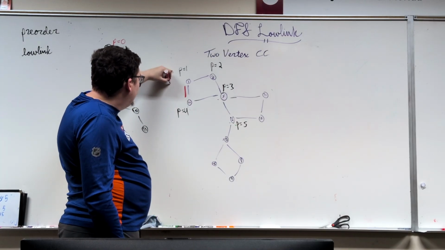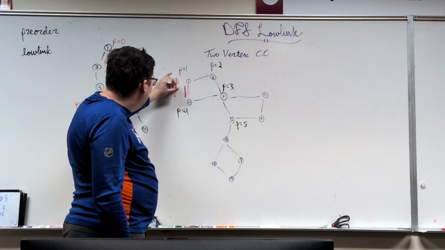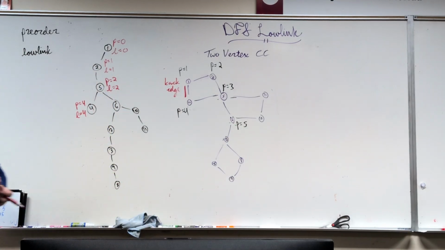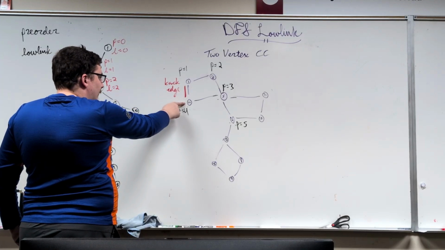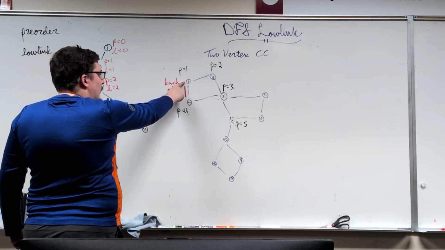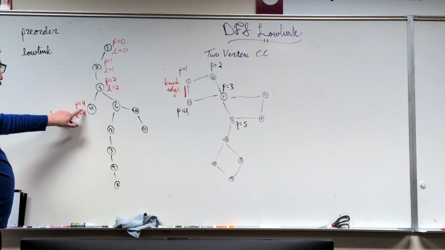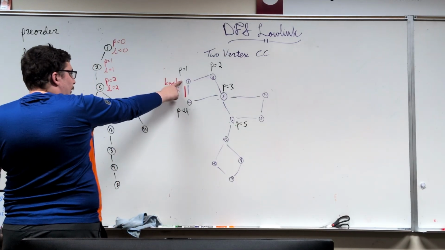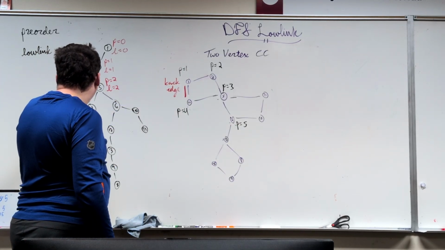As previously mentioned, we call this edge a back edge. Whenever we try to take a back edge, we can now update 4's Lowlink to say, hey, 4 is going to try reaching 1, but we've already seen 1. So we can update our Lowlink with the pre-order of 1. So 4's Lowlink is 1.